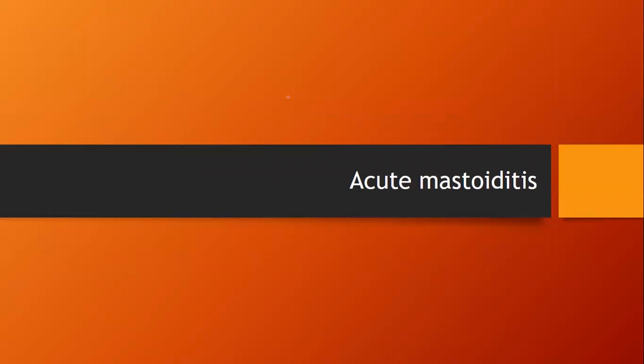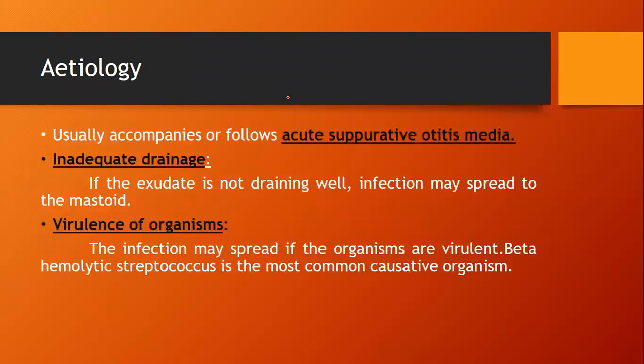First is acute mastoiditis. It usually accompanies or follows acute suppurative otitis media, ASOM, which is an acute infection of the middle ear. Suppurative means it is associated with pus formation.